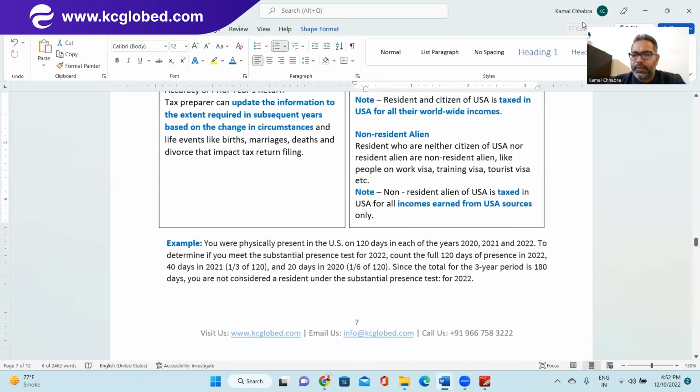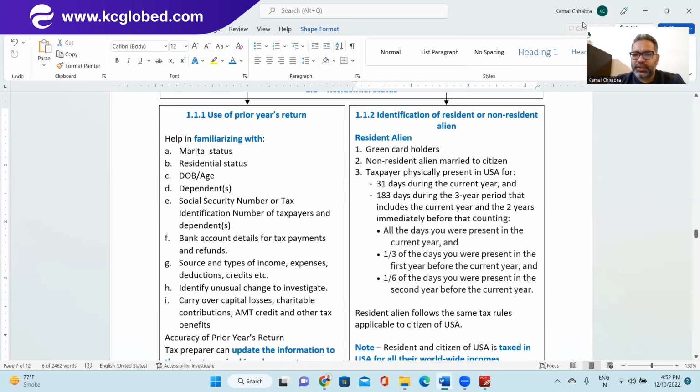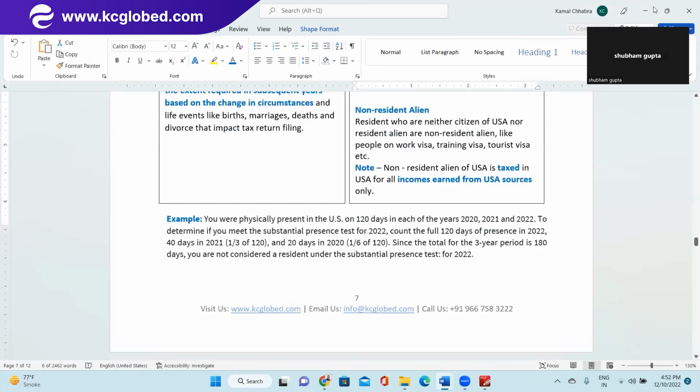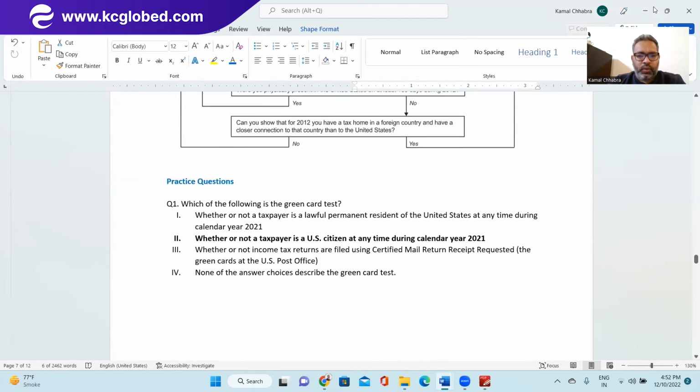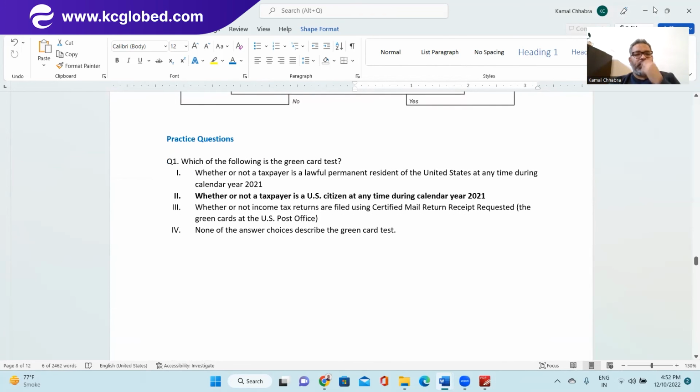Cool. So far we are good for the residential status. Yes, sir. Okay, so now one quick question. Which of the following is a green card test?